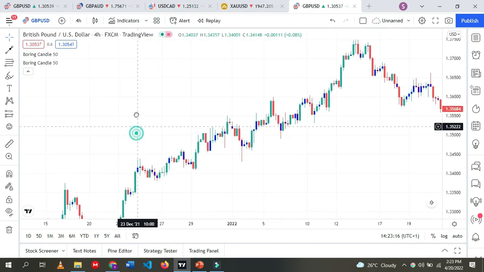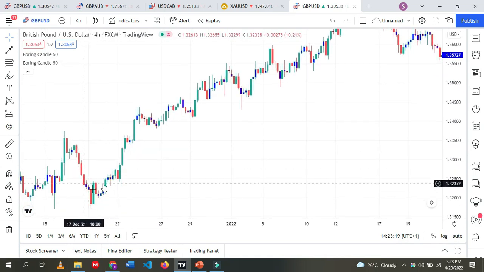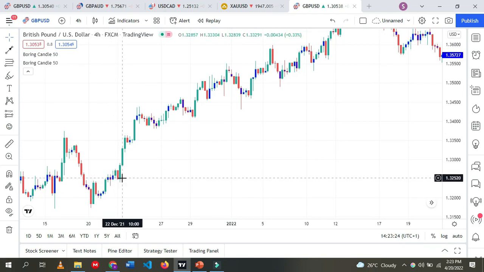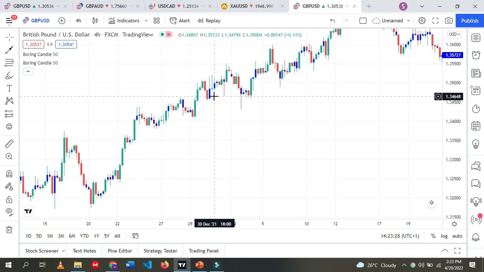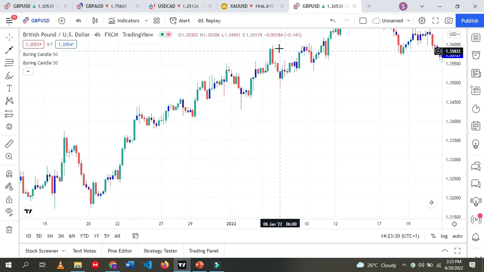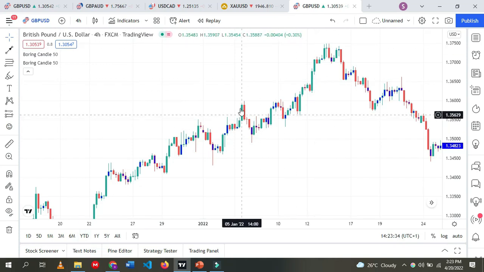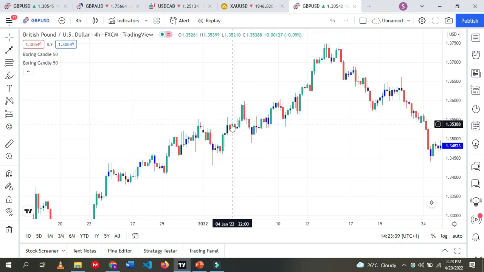Now, from this level here, higher low, higher high, higher low, higher high, higher low, higher high, higher low, higher high, higher low, higher high. Now, it moved from this level to this level by forming higher lows and higher highs. Do you get that explanation now?